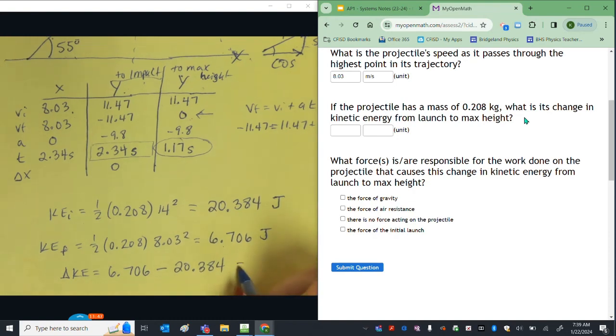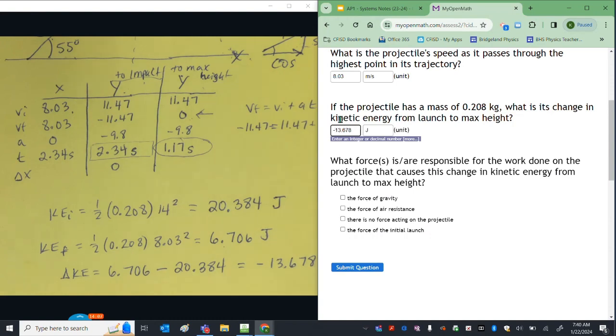And it will be equal to negative 13.678, and my unit will be joules. Oops, I did not type the negative sign.